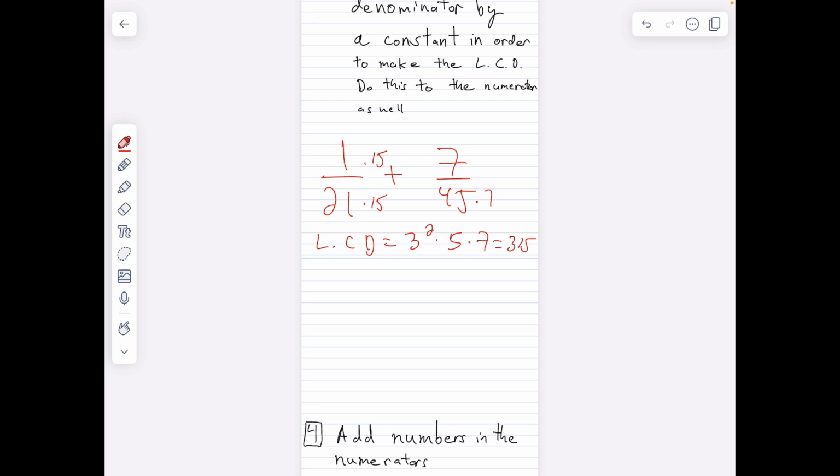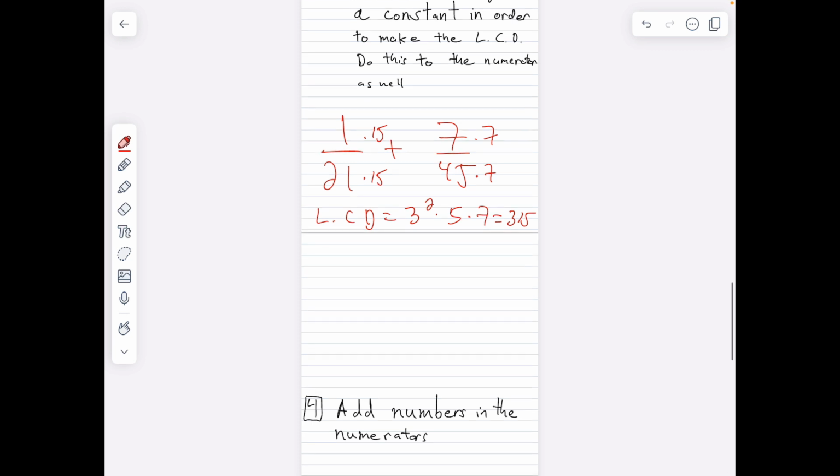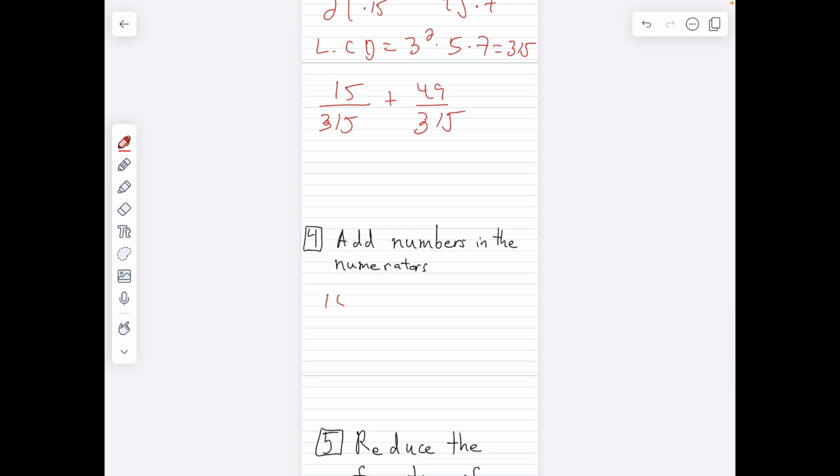So again, if you're okay with your math, you would say 45 times 7. So 7 times 7 on top as well, which would give you 15 over 315 plus 49 over 315. And that's what we would work with in my next step, which would be adding the numbers in the numerators.